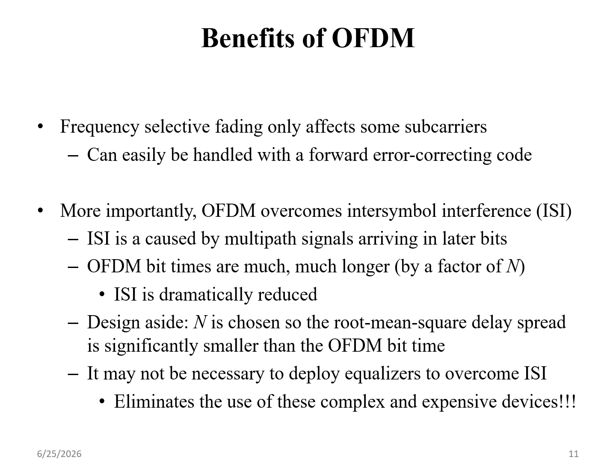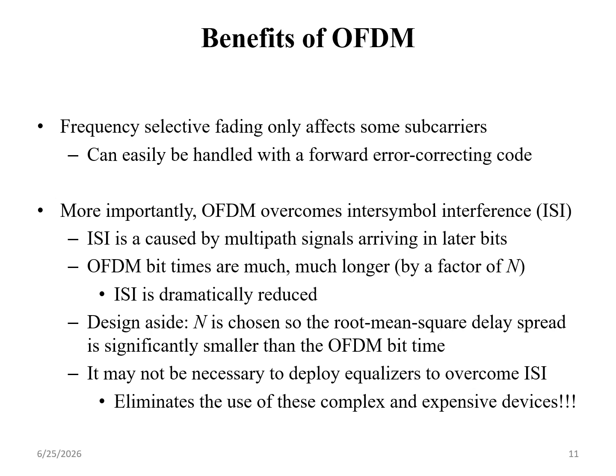Most importantly, OFDM overcomes ISI, that is nothing but inter-symbol interference. ISI is caused by multi-path signals arriving in a later bit, multi-path propagation. The signal will arrive at the receiver in different time slots. That is nothing but multi-path propagation.